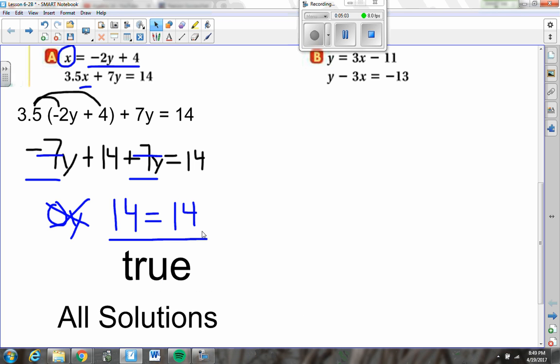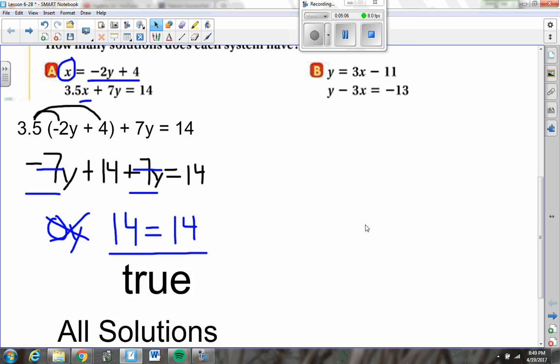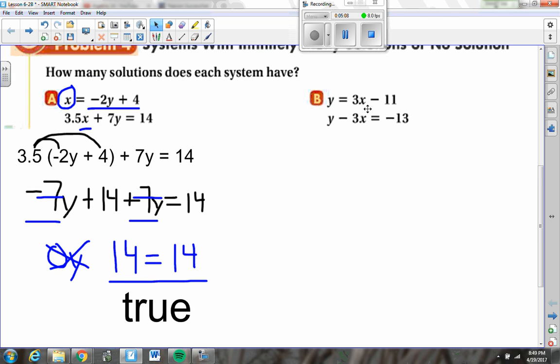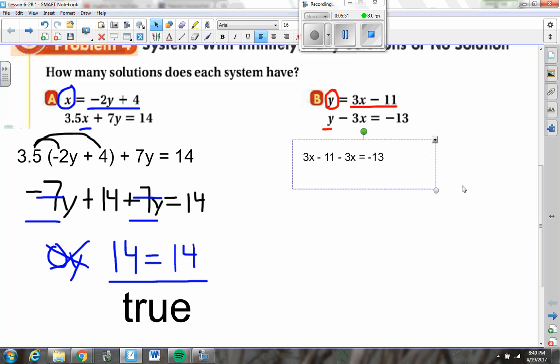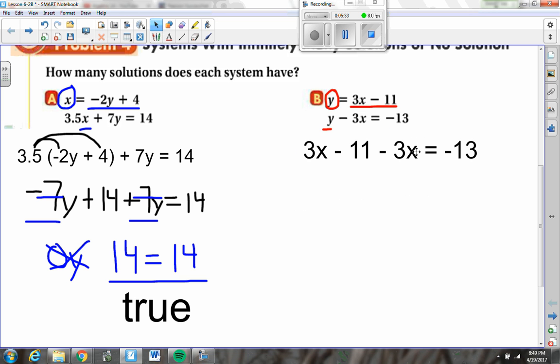Now, if I look at this other example, letter B, I go through the same process. I notice that my y variable is all alone, so I can replace y in the first equation with everything it's equal to. Instead of writing y minus 3x, I can write 3x minus 11 minus another 3x equals negative 13. Exactly the same thing is about to happen.